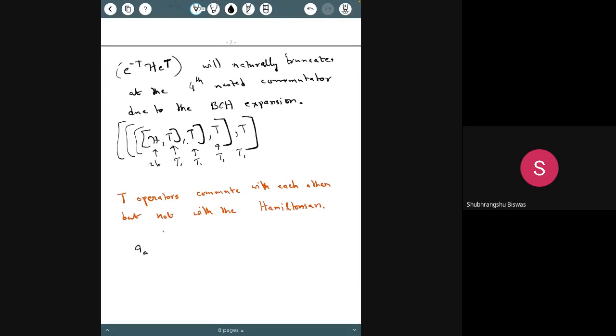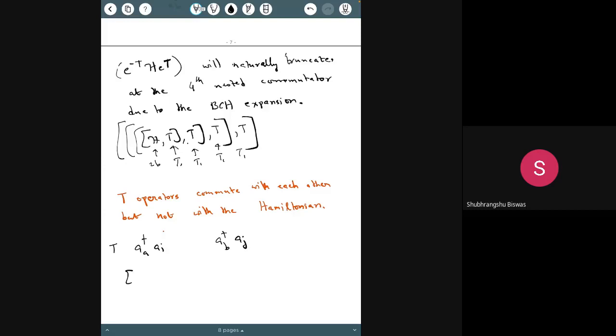So what does a T operator look like? Let's say T alpha, T beta, and then the T alpha, T beta commutator.